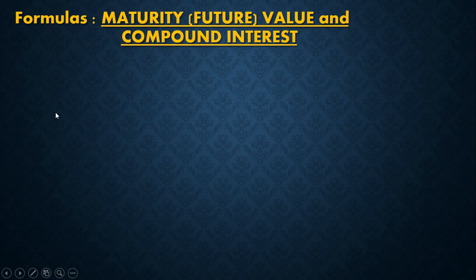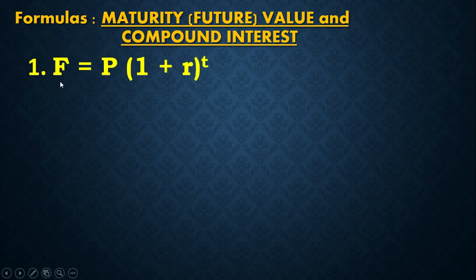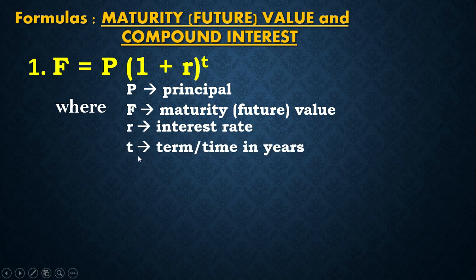We have the formulas in computing maturity, future value, and compound interest. Una dyan ay ang F is equal to P times the quantity of 1 plus R raised to T, where P stands for principal, big letter P, F stands for maturity, future value, R is for interest rate, T is for term or time in years.